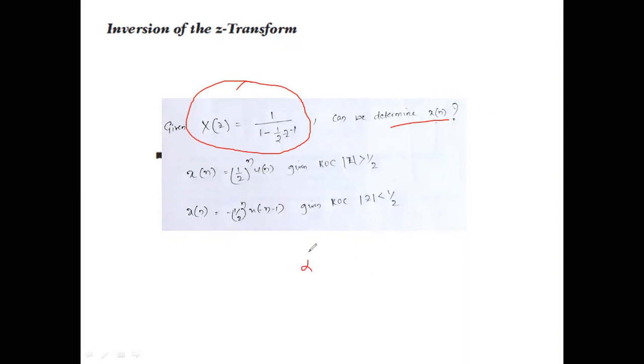Alpha to the power n into u of n has a z transform of 1 divided by 1 minus alpha z to the power minus 1. We know this, right? In place of alpha I have 1 by 2. So this may be alpha to the power n into u of n.